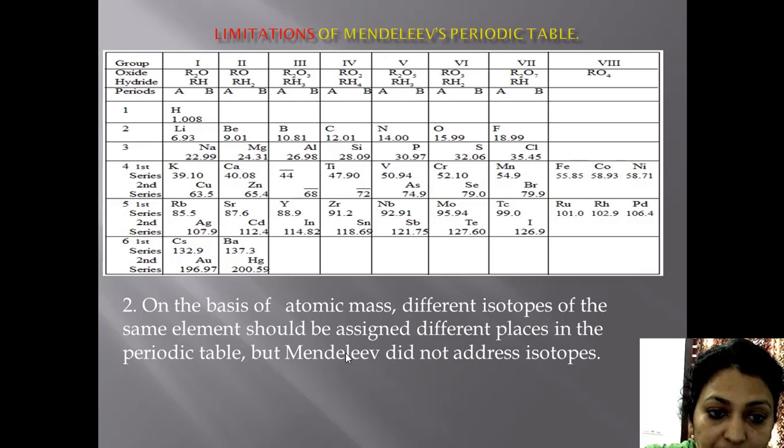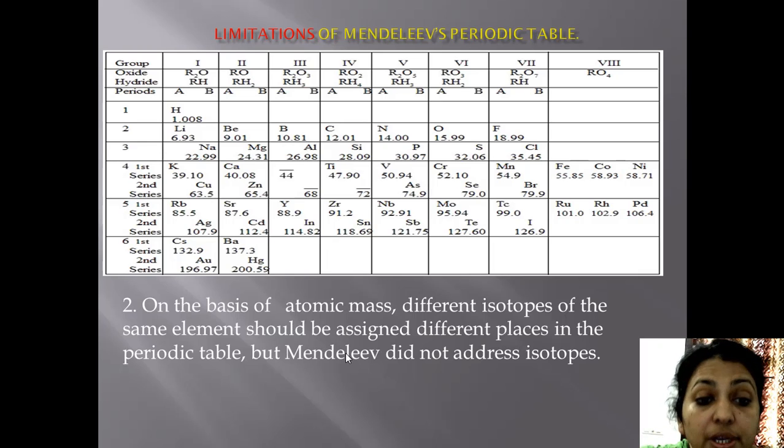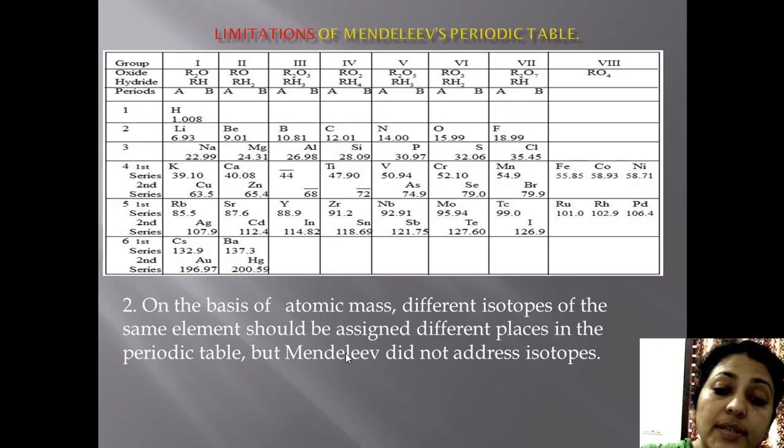Are you getting? Therefore, if the elements are arranged according to atomic masses, each and every isotope should have its own position in the periodic table. But Mendeleev did not address isotopes. He didn't say anything about the case of isotopes.